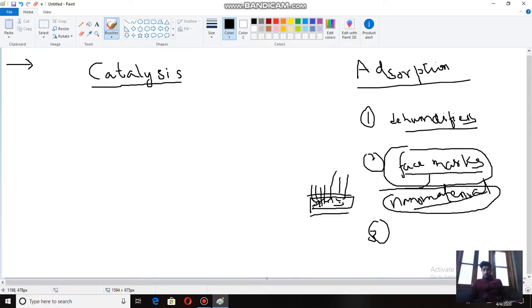The third use of this adsorption process is to create high vacuum.